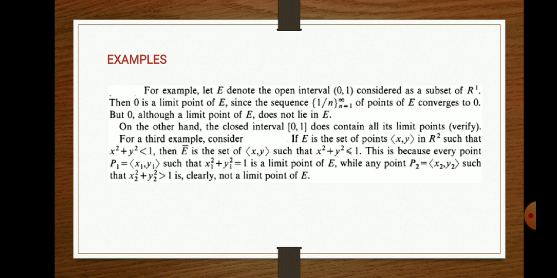So the closure consists of the points in the interior of the circle and also the points lying on the boundary of the circle. This is because every point (x1, y1) such that x1 squared plus y1 squared equals 1 is also a limit point of E. The points in the exterior of the circle are not limit points of E.